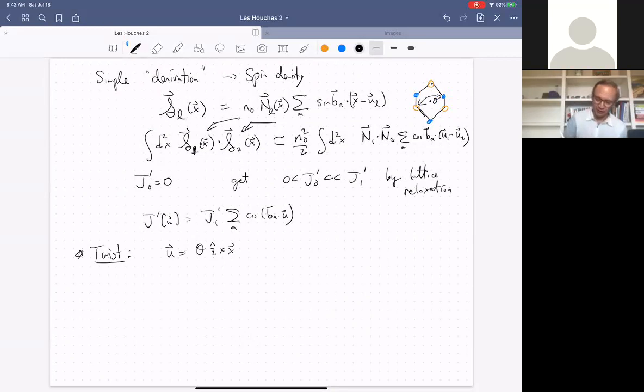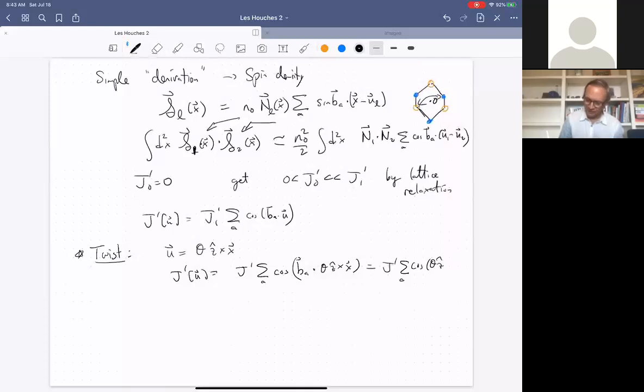If you plug this in, you get that J prime of u is J prime sum on A cosine BA dot theta z hat cross x. And we can use the cyclicity of the triple product to write this as cosine of theta z hat cross BA dotted into x.